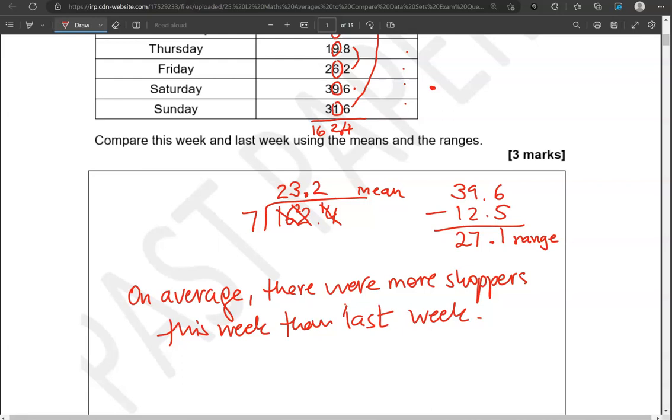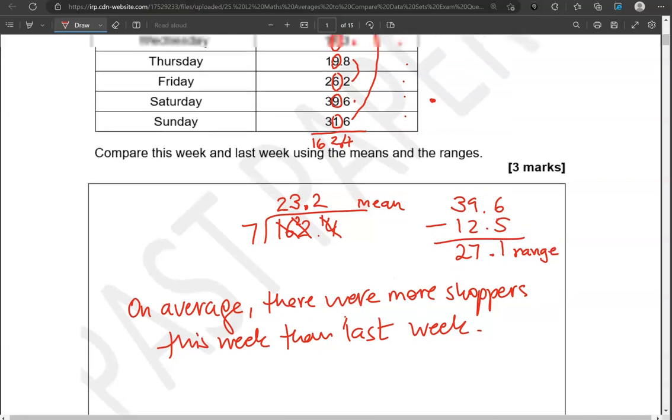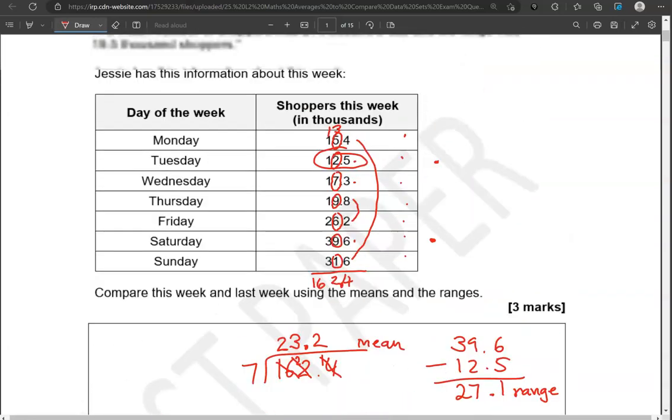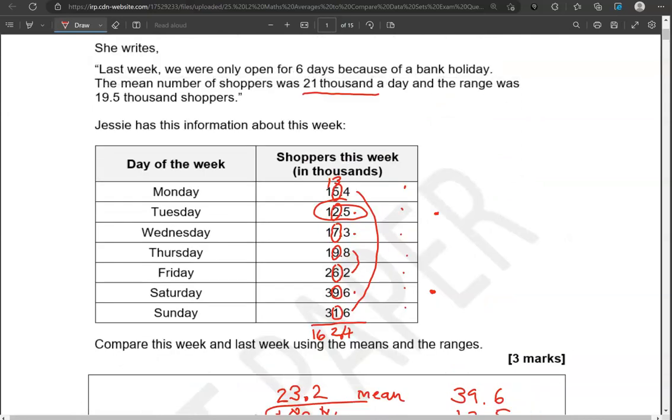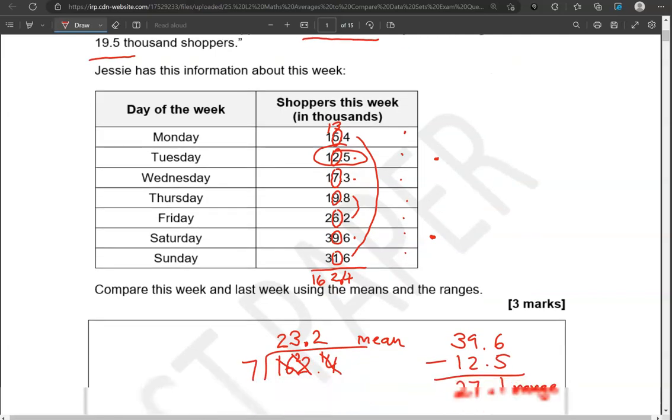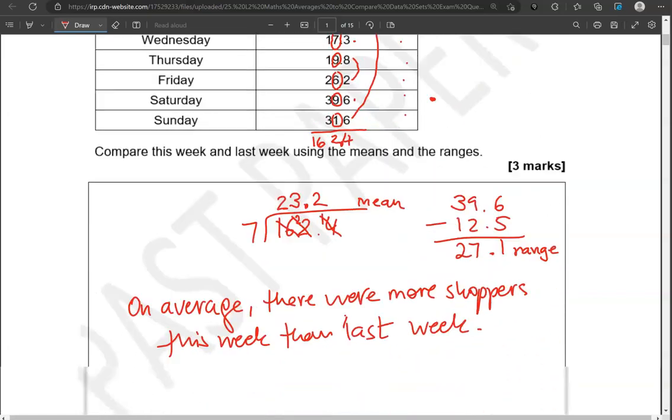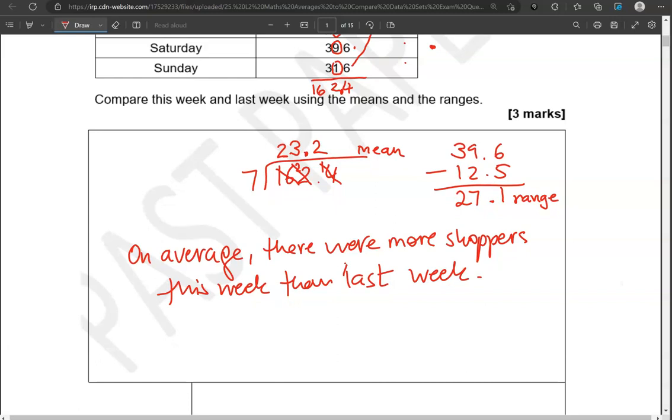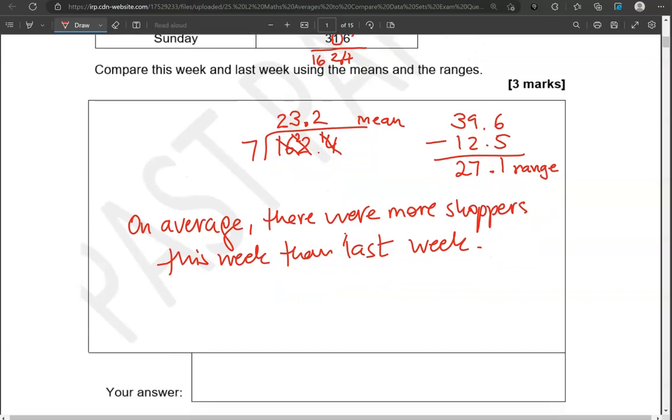Comparing the ranges, we've got 27.1 thousand for this week and 19.5 thousand last week. So this week the number of daily shoppers is less consistent because the range is greater. The lower the range, the more consistent. The higher the range, the less consistent.